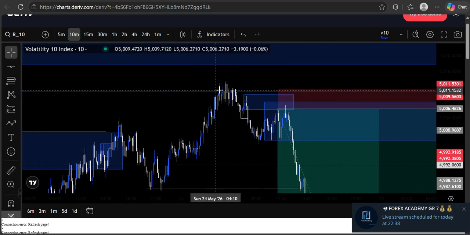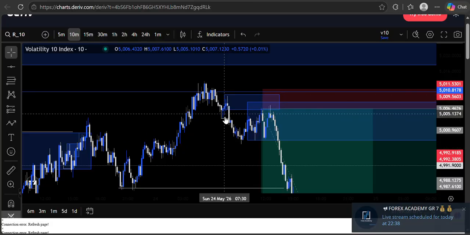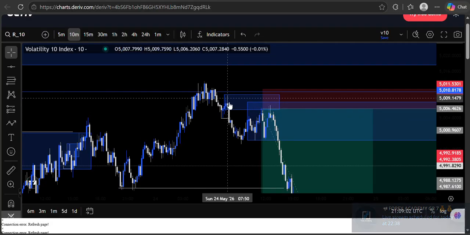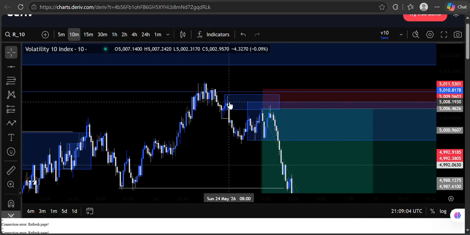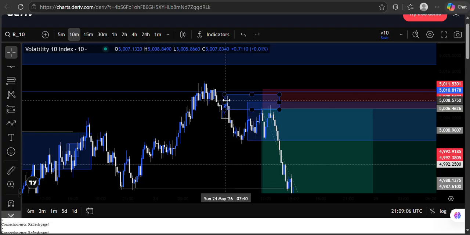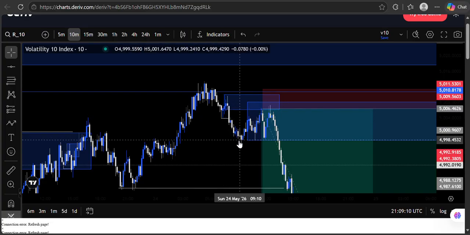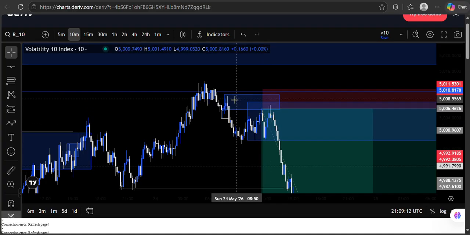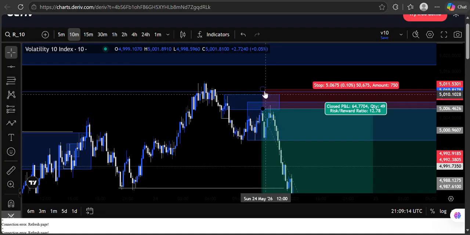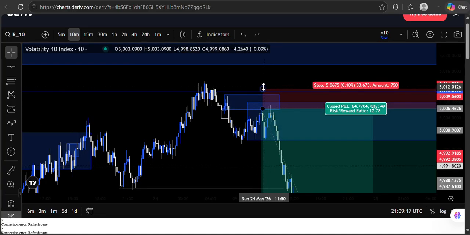This is that zone. Price tapped in, and we saw a break of structure to the downside, a change of character caused by this particular order block. Price retraced to that zone, and the moment it did, we took our sell, with our stop loss above.